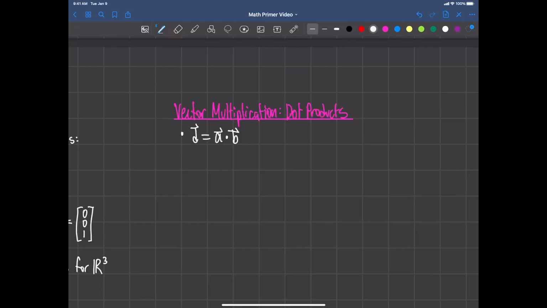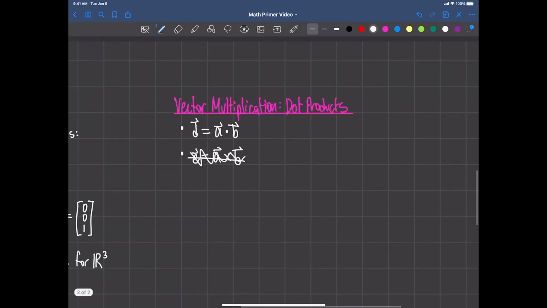Do not confuse this with the cross product, which would be vector C equals A cross B. These are not the same thing. The dot product is calculated by multiplying the x components, then multiplying the y components, then adding the products together.